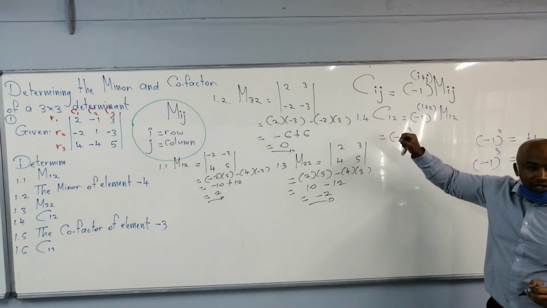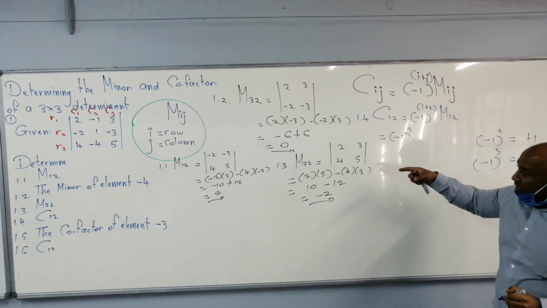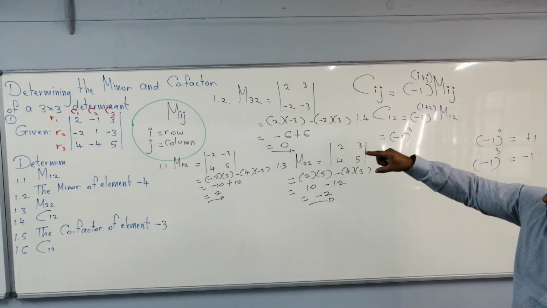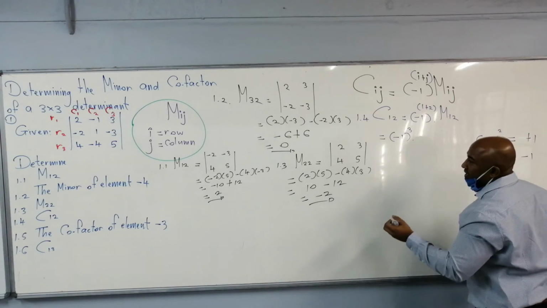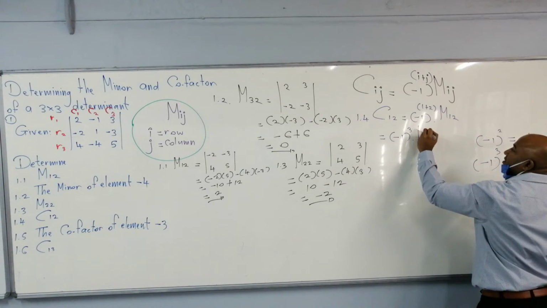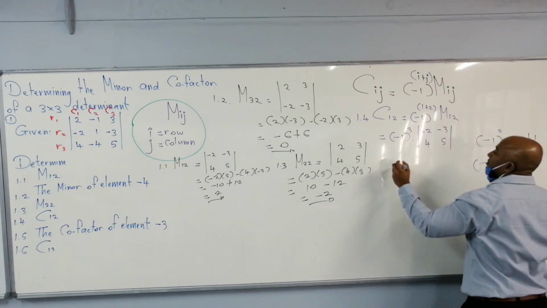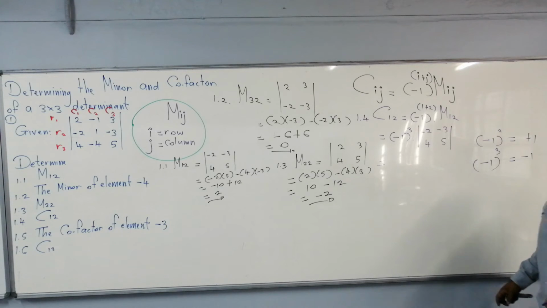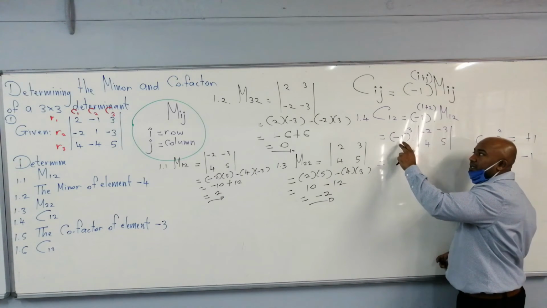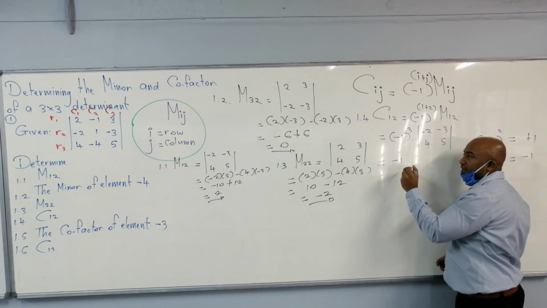M12 means the minor, so block row 1, go back to the original, block row 1 and block column 2, so that's minus 2, 4, minus 3, 5. So minus 1 to the power 3 is minus 1. You need to work that out.